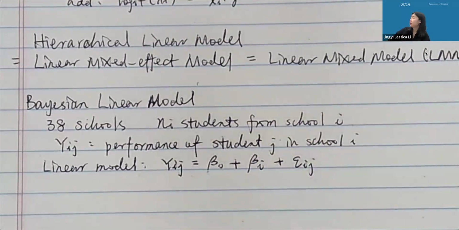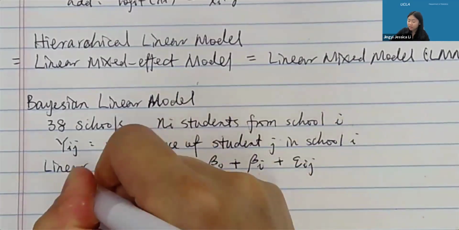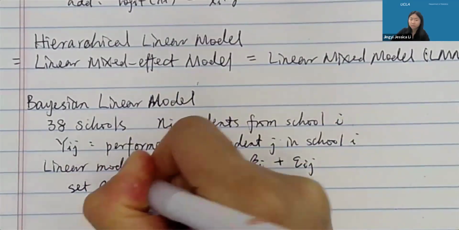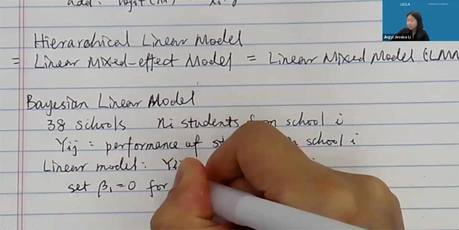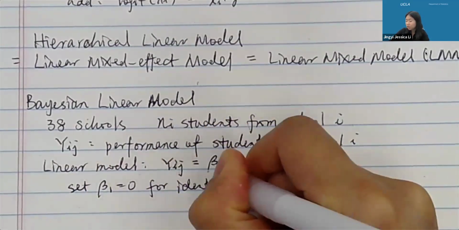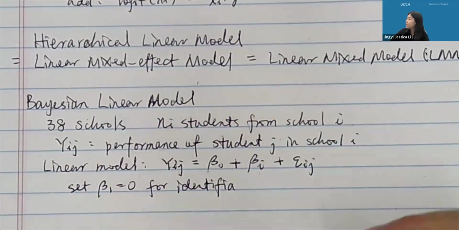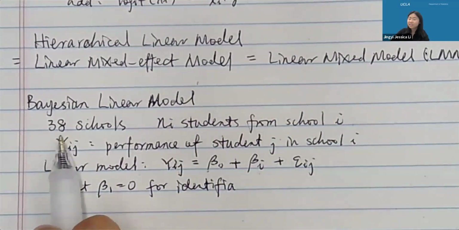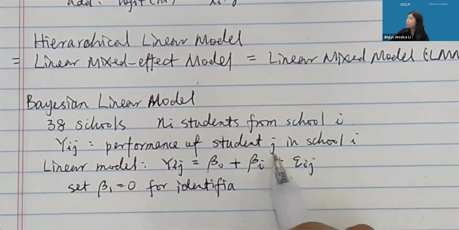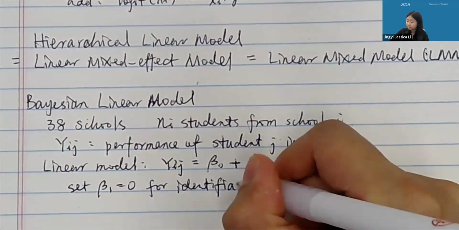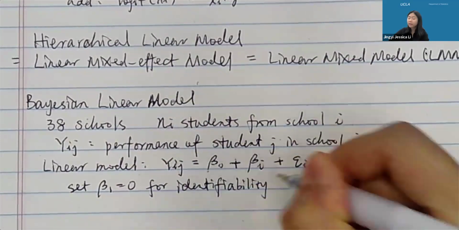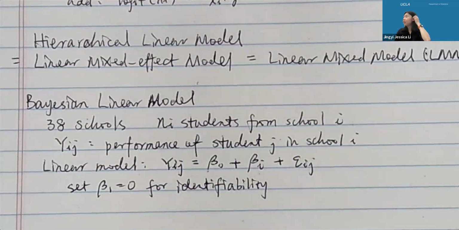This is the model. We're assessing the effect of school i on the performance. We have one parameter per school, but for identifiability, we set beta 1 to 0. This is what we have seen before. The school is a categorical variable with 38 levels, so we have 37 parameters to encode the school. That's the model, and epsilon_ij is just a random error.